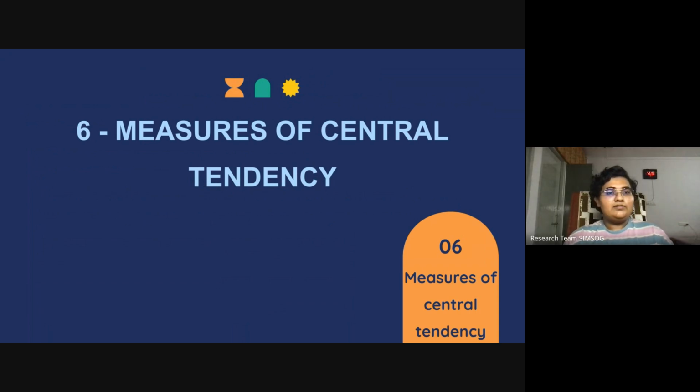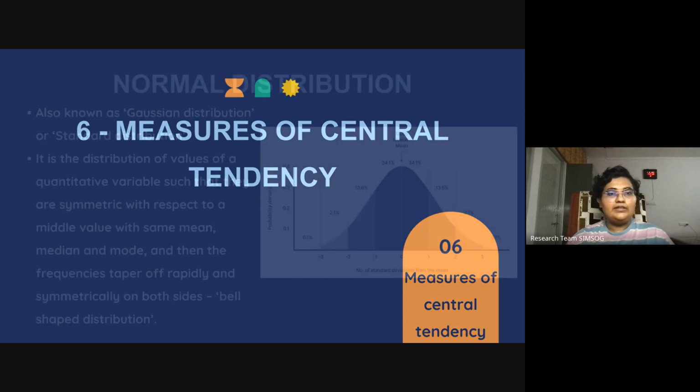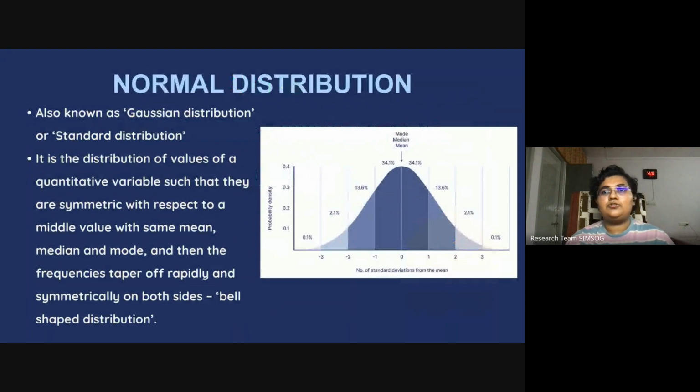Now let us look at measures of central tendency. Before that, we have to look at what a normal distribution is. Once we have collected however much data we want to collect, and we plot it on a chart, what type of distribution would we get? Normal distribution, also called Gaussian distribution, is the distribution you get of quantitative variables in such a way that it is symmetrical, and you have a middle value with the same mean, same median, and same mode.